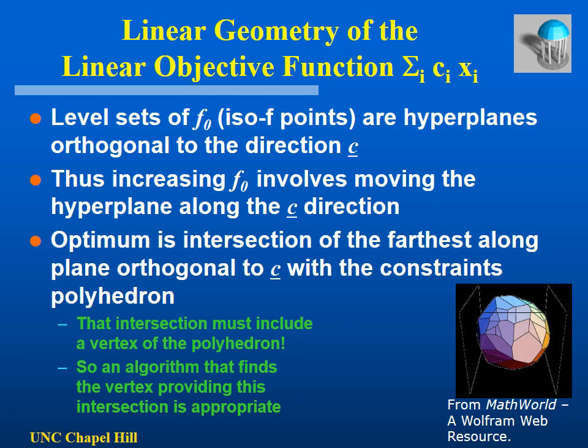Thus, increasing f sub 0 involves moving the hyperplane along this vector direction c. And then the optimum is the intersection of the farthest along plane, orthogonal to c, with the constraints polyhedron. And we have understood that that intersection must include some vertex which the algorithm tries to find.